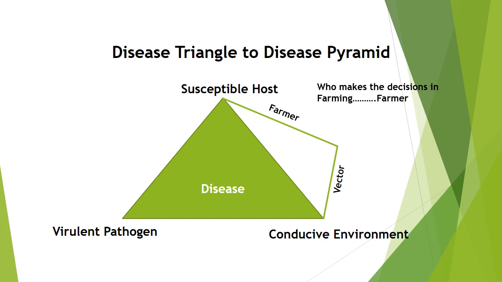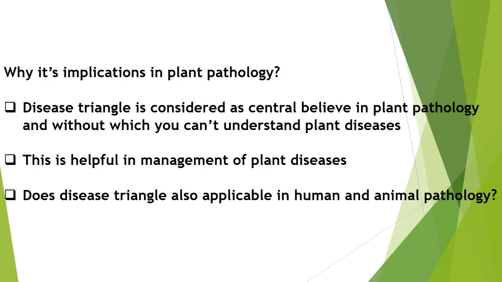But I again emphasize the basic concept is the disease triangle, not the disease pyramid. The pyramid is just an extension, and still the basic concept in every book you find is the disease triangle. So the next question arises: what would be the implication of the disease triangle in the disease? In the very beginning, I told you that the disease triangle is the basic concept in plant pathology.